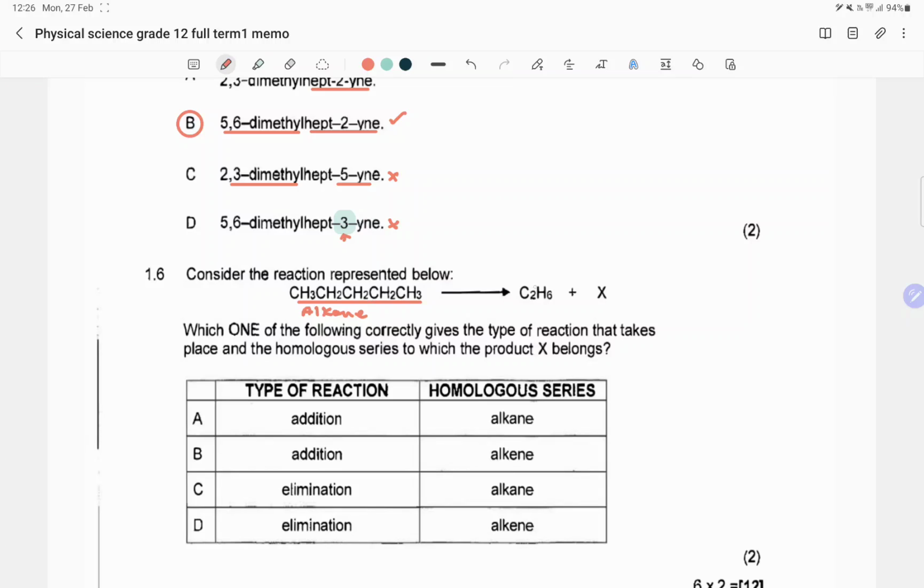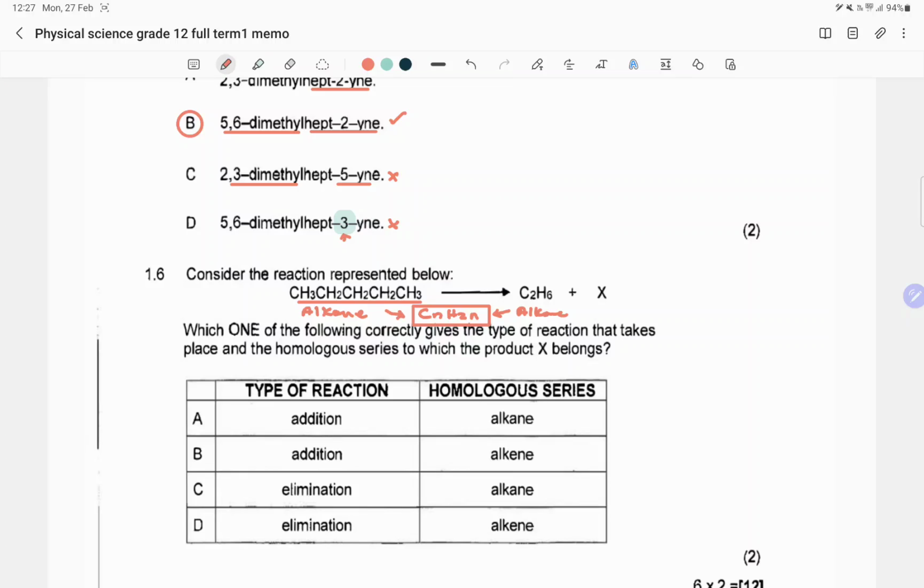And then we are forming this molecule here. What does this molecule do? We're going to see C2: 2 times 2 is 4, then plus 2 is 6. So again, this is an alkane, because this formula describes these two. So this formula is describing this friend and that friend.